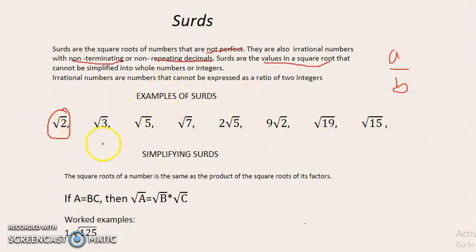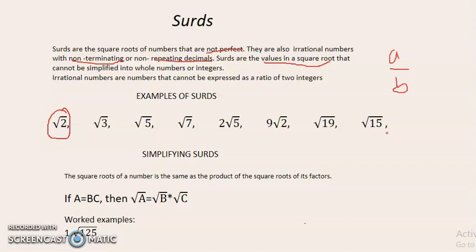Other examples of surds are root of 3, root of 5, root of 7, 2 root of 5, 9 root of 2, root of 19, and root of 15. How do I identify a surd? The square root of all prime numbers are surds. The product of the square roots of two prime numbers also gives a surd.